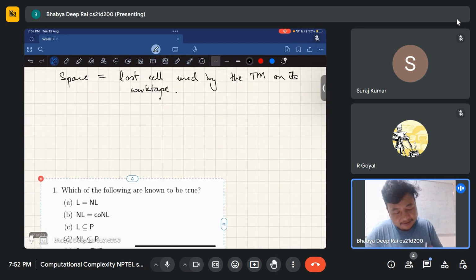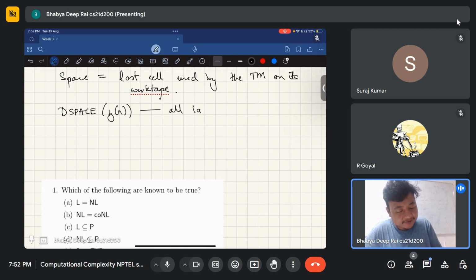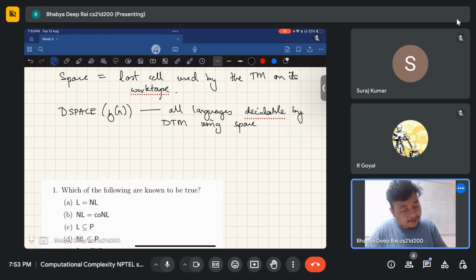And what are the complexity classes? DSPACE f(n) is all languages decidable by a deterministic Turing machine using space order f(n).